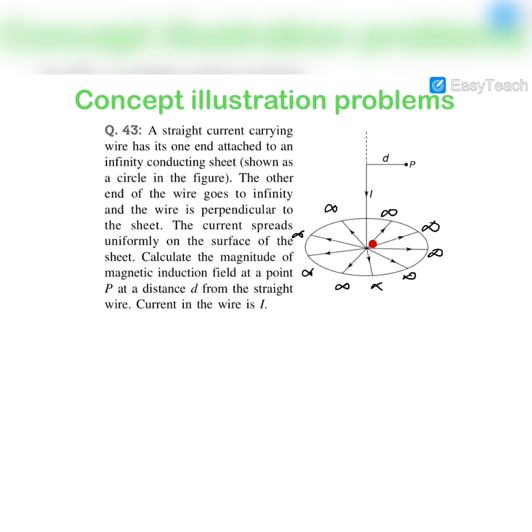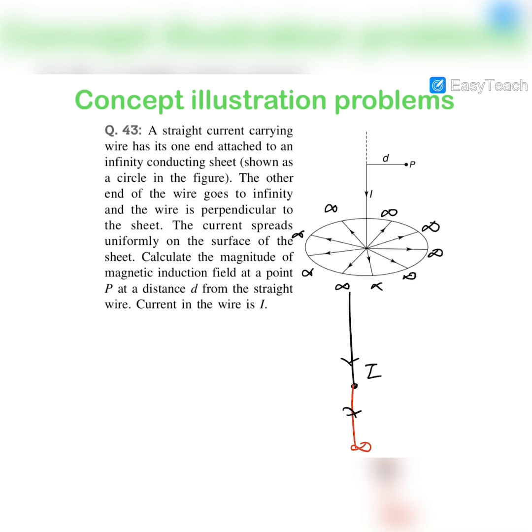So we can join all of these wires together to form a single wire, and hence we can form another wire starting from this point and going to infinity, and this another wire will be taking the current I to infinity.